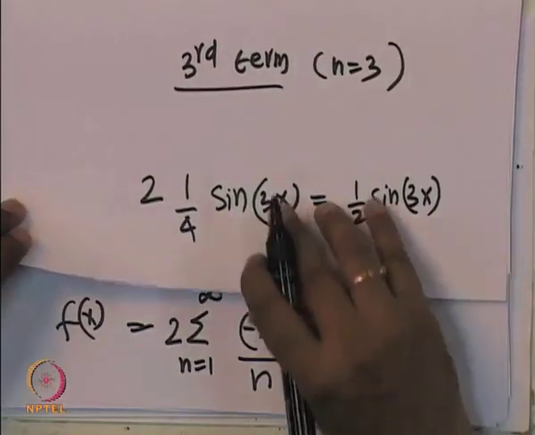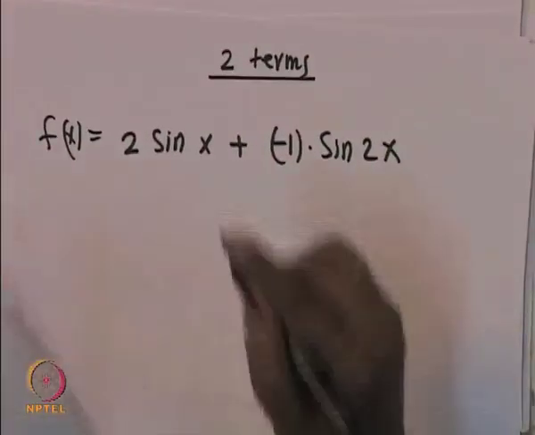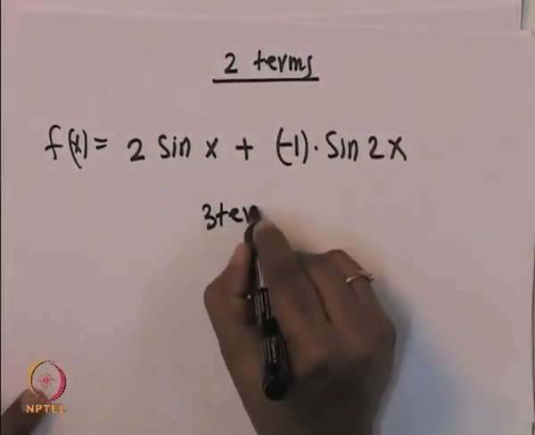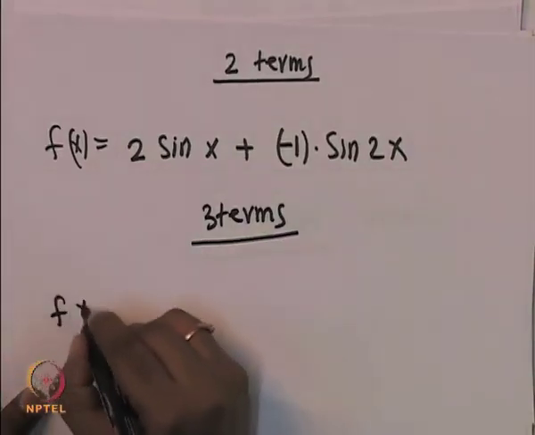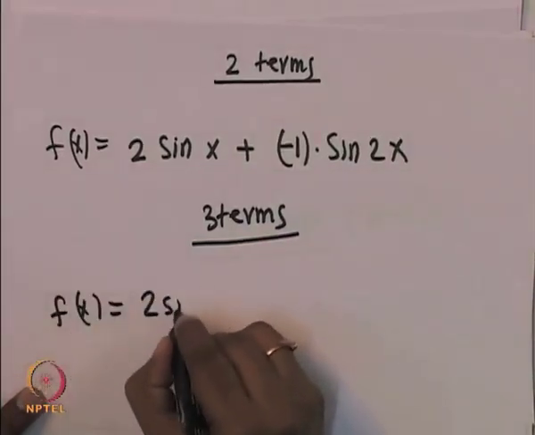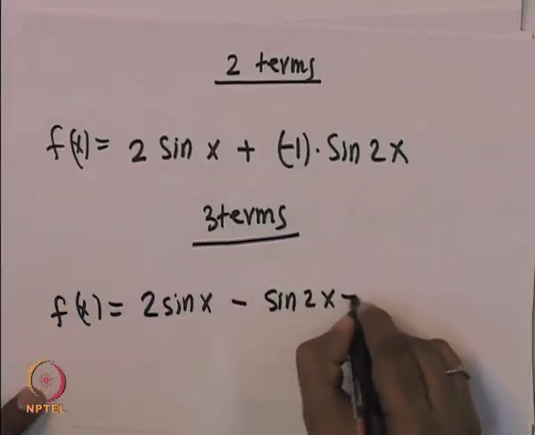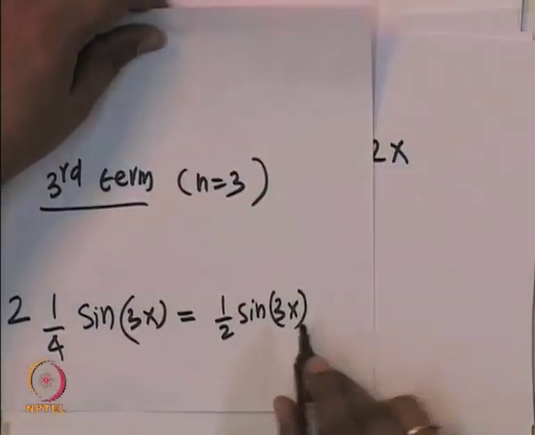Now we add one more term to this, so let us make it 3 terms. If you plot 3 terms, what is our f of x? 2 sin x minus sin 2x plus half sin 3x.